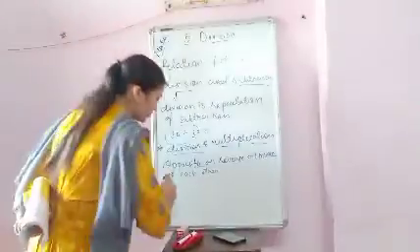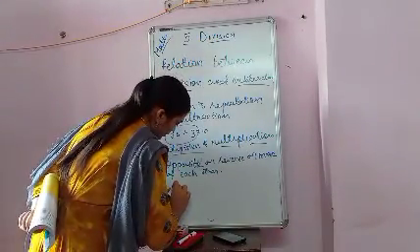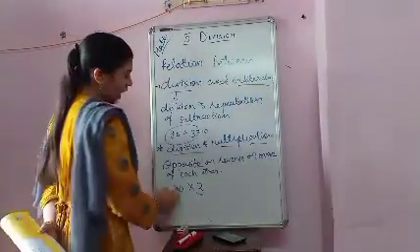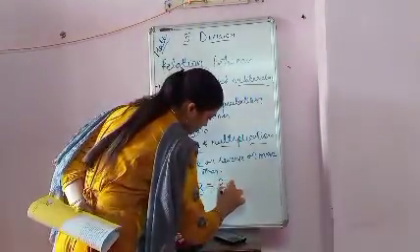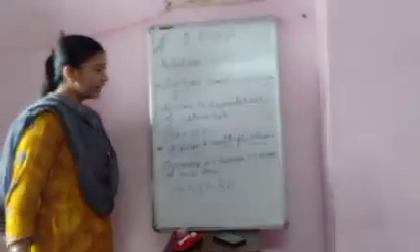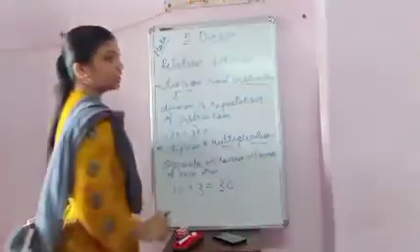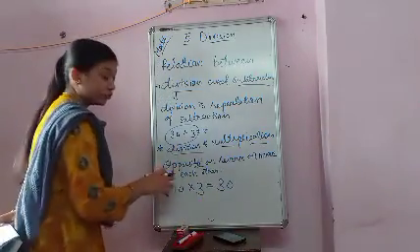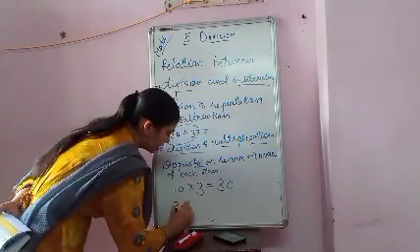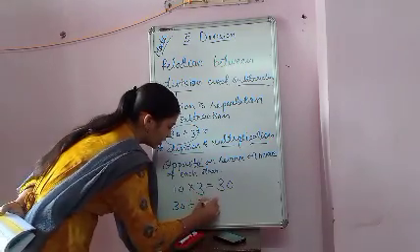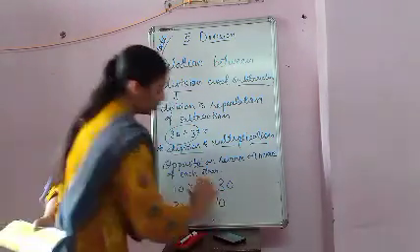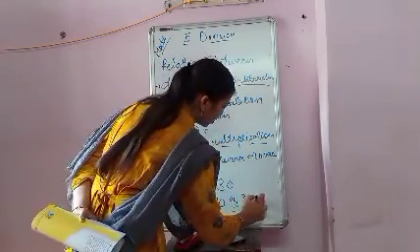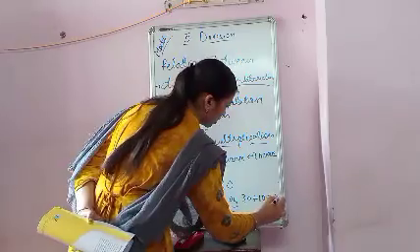For example, 10 multiplied by 3 equals 30. You cannot change the numbers. So what will have to be written down for that? 30 divided by 3 equals 10, or you can also write that 30 divided by 10 equals 3.